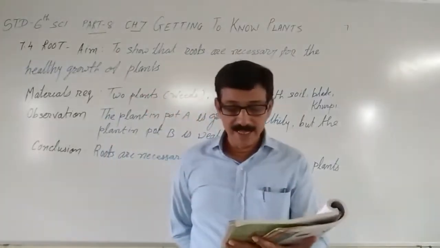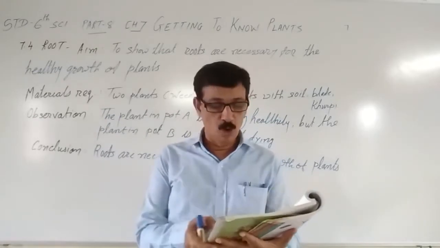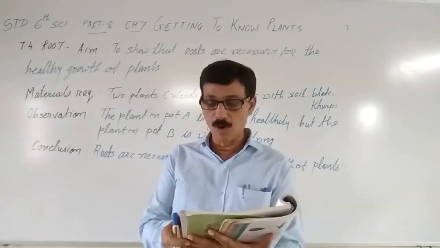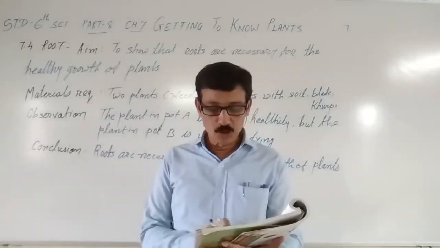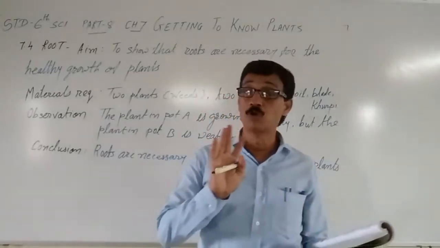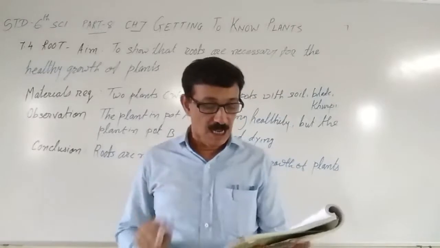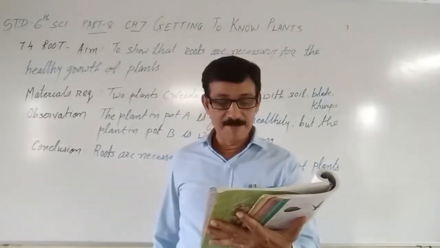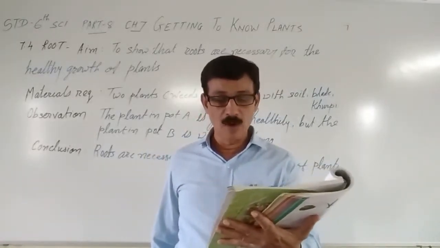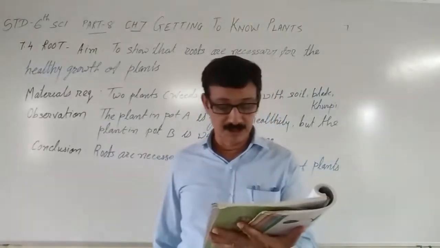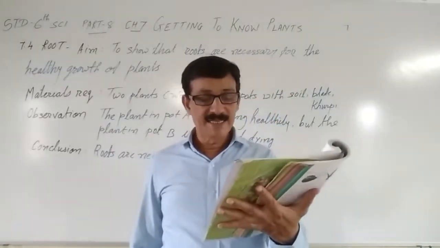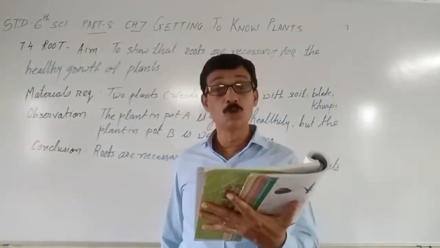You would require pots, some soil, khurpi, blade or a pair of scissors, and water. This activity is to be done in groups of 4 to 5 students. Select 2 plants of the same kind from an open ground and dig them out with roots. Take care that their roots do not break.